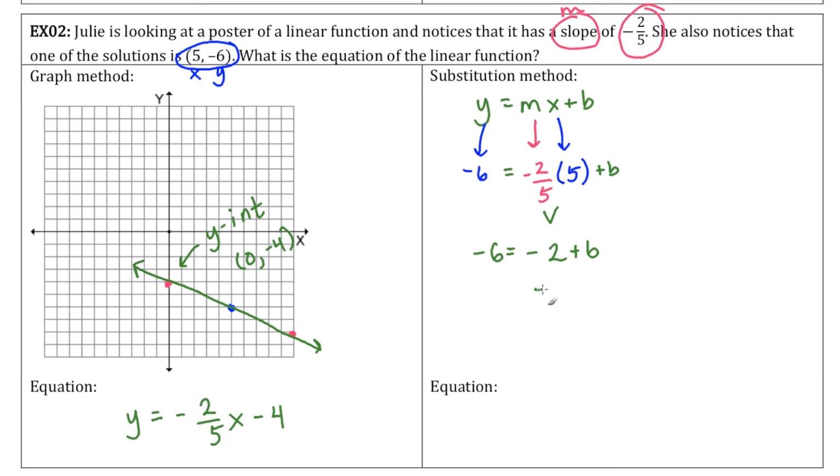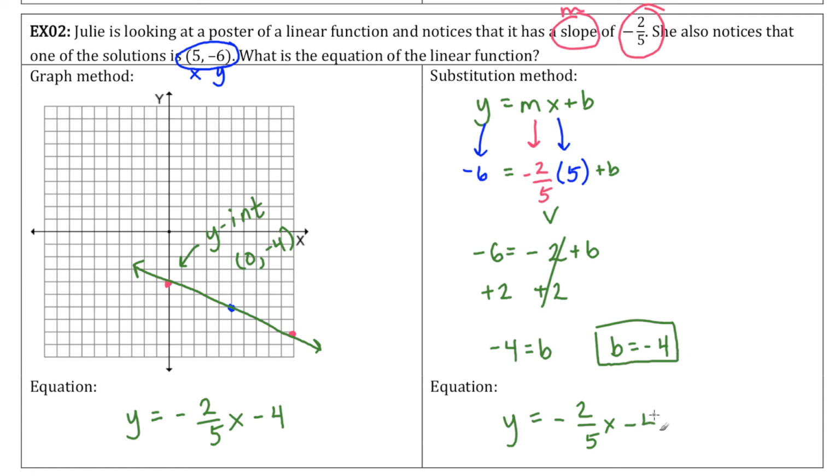Now I got to find out what b is, so I'm going to add 2 to both sides. -6 plus 2 is -4 equals b, which is just b equals -4. And if we wrote the equation, we start with y equals, the slope was -2 over 5 times x, and then plus b. So the b is -4, so I'll put -4. And that is it. Thank you.